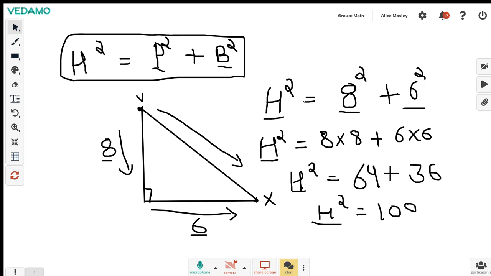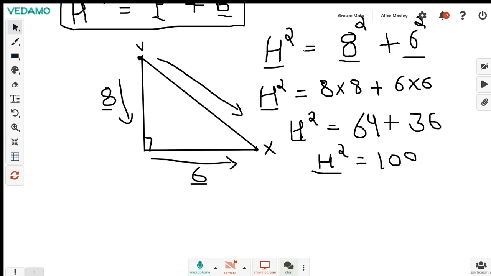Because in the formula we have to add them together, right? In the formula itself, it is adding. Okay, I got it. So now we have to find the value of h. We still don't know what the value of h is.